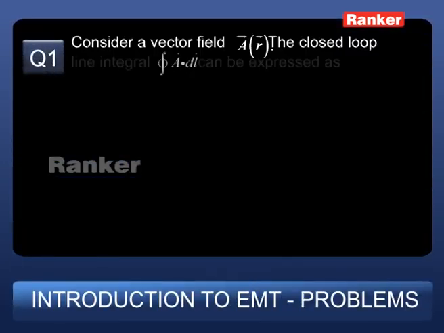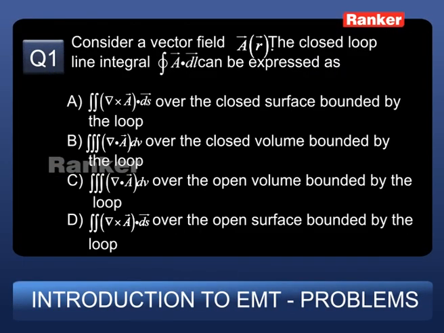A question was given like this. Consider vector field A bar. The closed loop line integral of A bar dot dl bar can be expressed as: option A, double integral, closed, del cross A bar dot ds bar over the closed surface bounded by the loop.